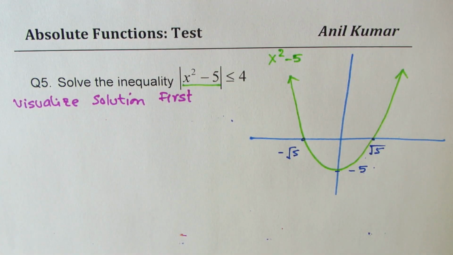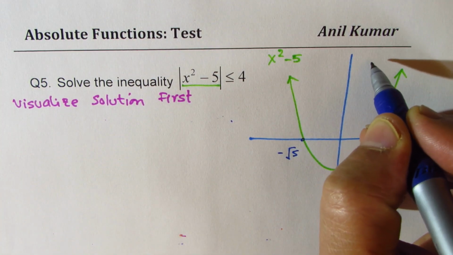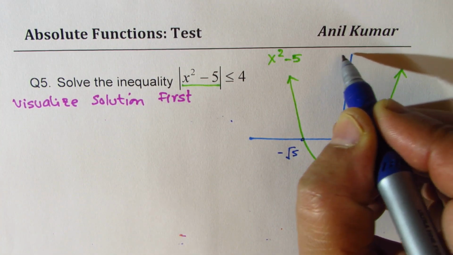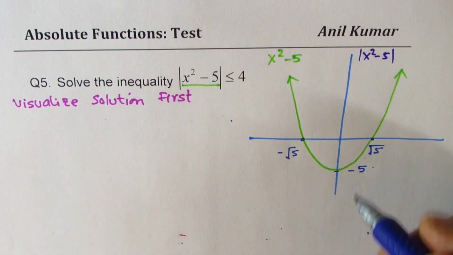Okay. But what are we interested in? We are interested in the absolute value of x squared minus 5. So what is the absolute value of x squared minus 5? It has to be positive, right?